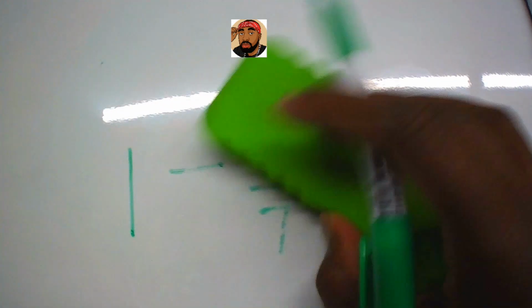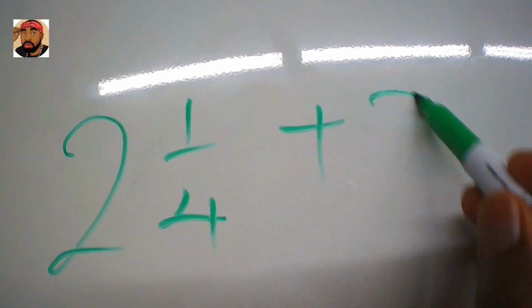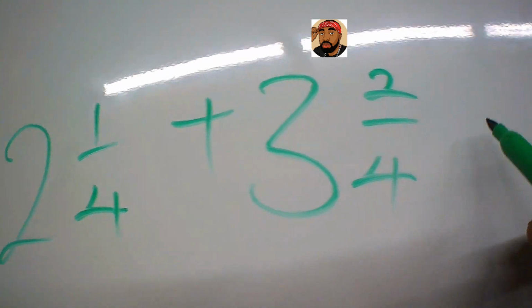Okay. And then let us go to another thing. That is, we can have mixed fractions. Since we are doing revision, I'm going to have to rush a bit because we did this in class. So let's say we have 2 and 1 over 4 plus 3 and 2 over 4.